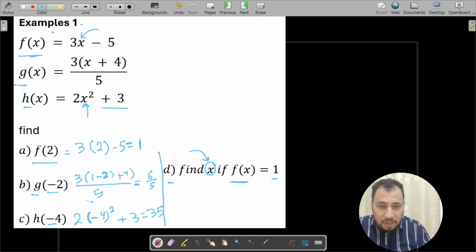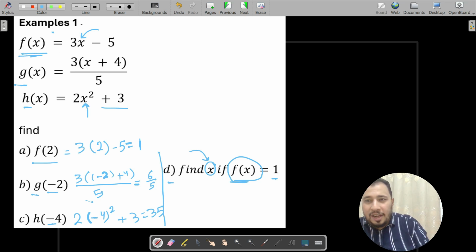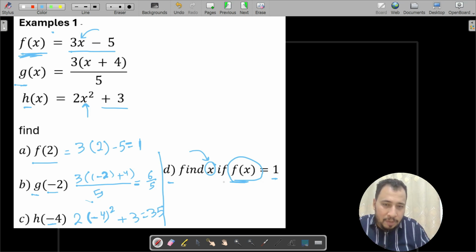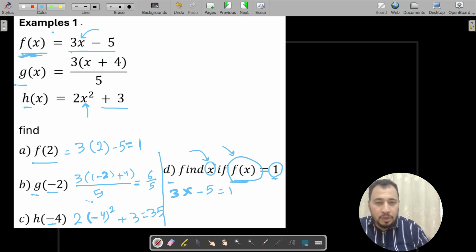So when you substitute f of x with its value, f of x equals 3x minus 5. So I'm going to replace f of x with 3x minus 5, and it equals 1 as given to us. And now you have to solve this equation to get the value of x.